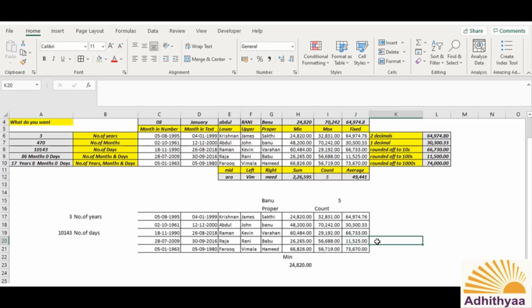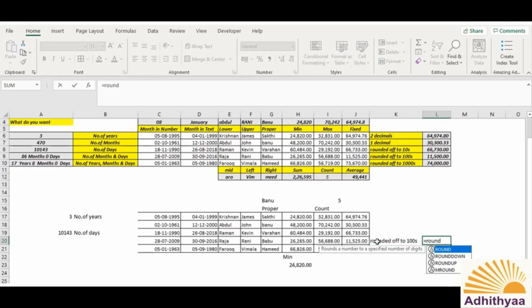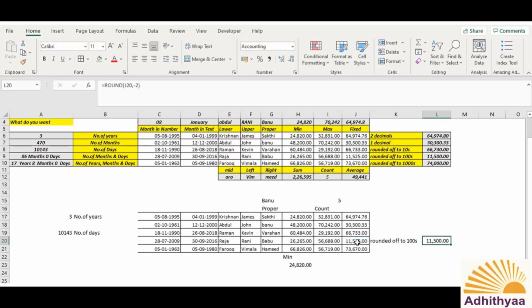I want to round it off to hundreds. So what is the formula? Equals ROUND, open bracket, select this particular cell, comma, minus 2, if I remember right. Exactly, minus 2. Okay, now you have seen.